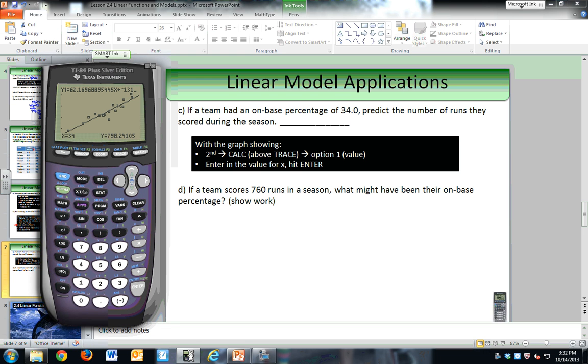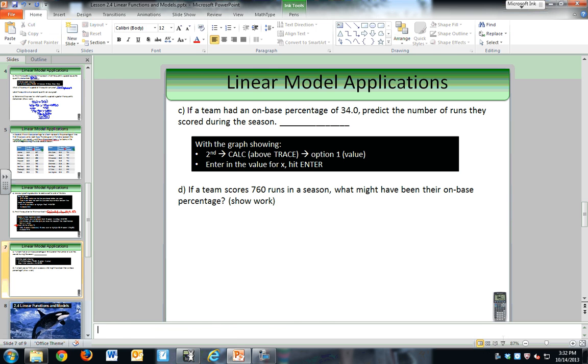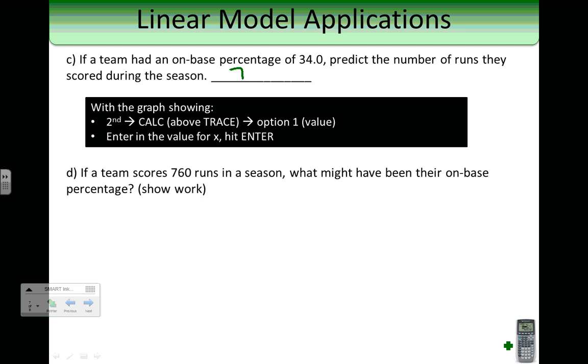Using my line of best fit, I can estimate that if a team has an on-base percentage of 34% in a season, they'll probably score about 798 runs. That was just a prediction. Using the data that we had and drawing the line of best fit, we can estimate that they might score around 798 runs. Of course, we will never know for sure, but based on the data and the trends we saw, that's a prediction we can make.